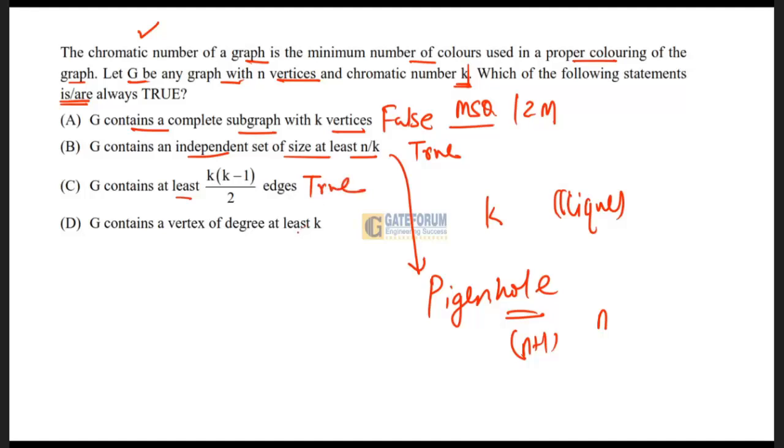And option D is G contains a vertex of degree at least k. So consider a cyclic graph of any odd number of vertices, right?